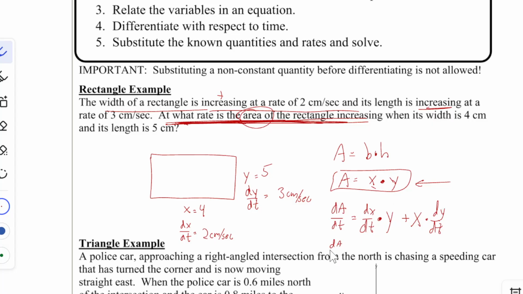So dA/dt equals, let's see, dx/dt was 2, it's 5, x is 4, dy/dt is 3, so 22. Since this is a change in area, the units for area are centimeters squared, but it's per time, so per second. That's my answer.